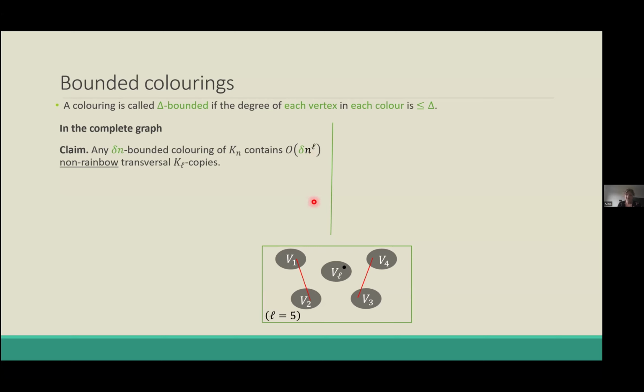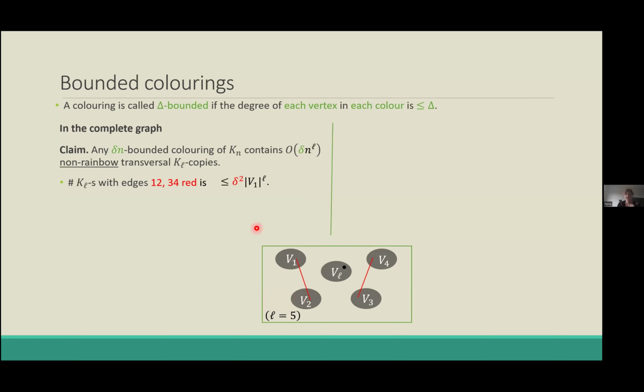So let's first focus on 4 specific parts. So V1, V2, V3, and V4. And look at the copies which have the same color between those 2 pairs. And specifically, let's look at the red color, where red is some chosen color.